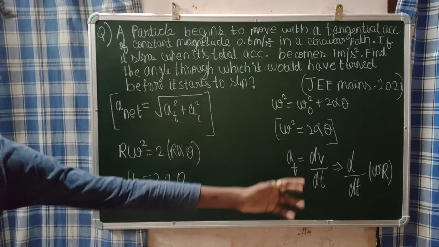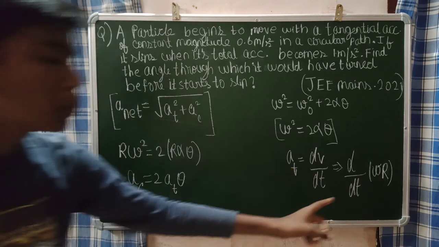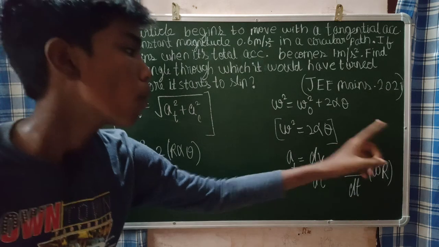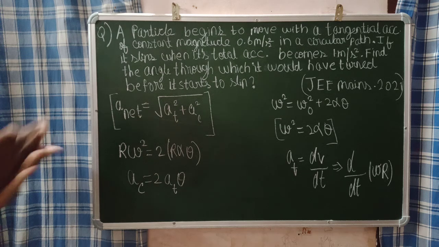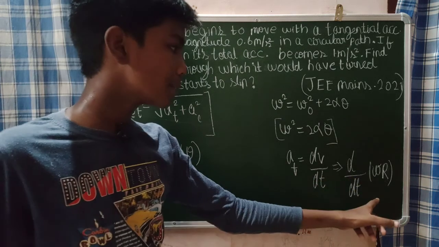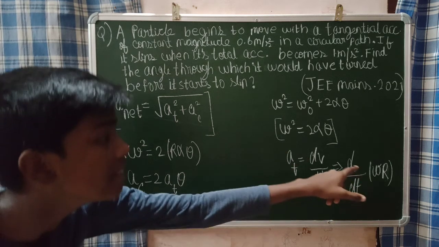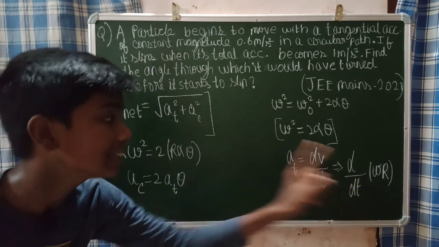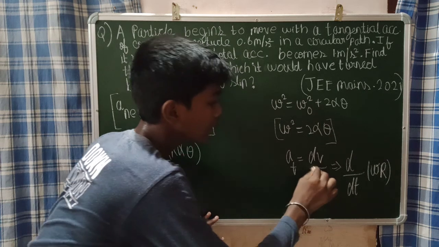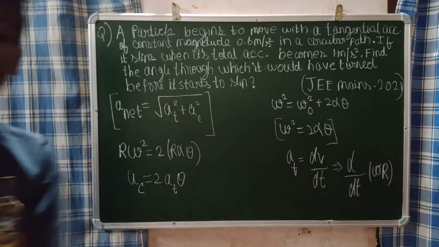This speed can be represented as omega into r, linear velocity. From this only we derive that omega is equal to v by r. v is equal to omega r, that's a relationship, guys. You should know that, because in circular motion it's a very important part.